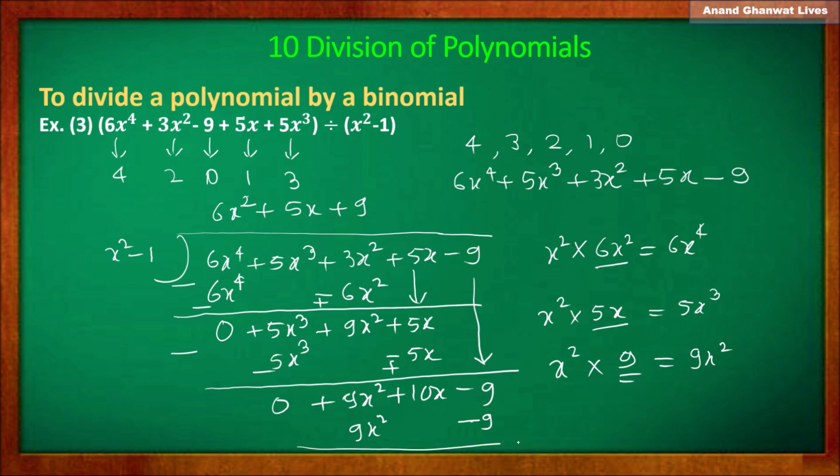So after subtracting, change the signs of each term. So 9x square minus 9x square, 0, and plus 10x, and negative 9 plus positive 9, that is 0. So here remainder is 10x, and quotient is 6x square plus 5x plus 9.